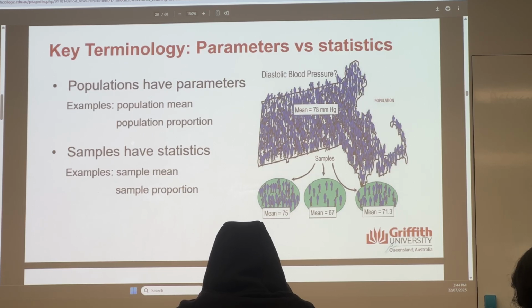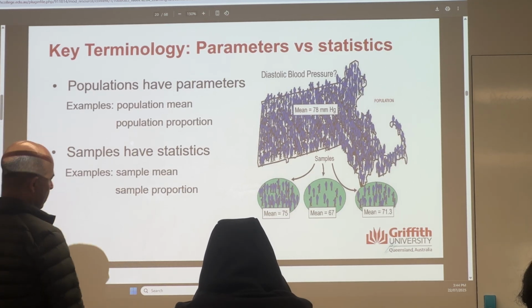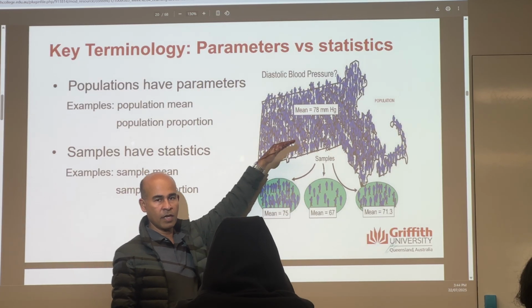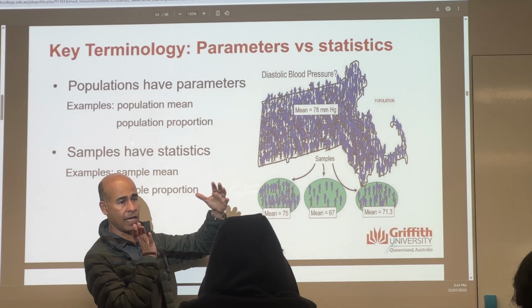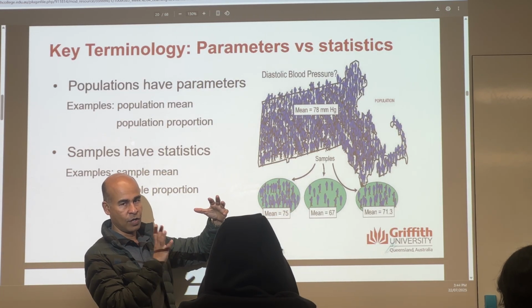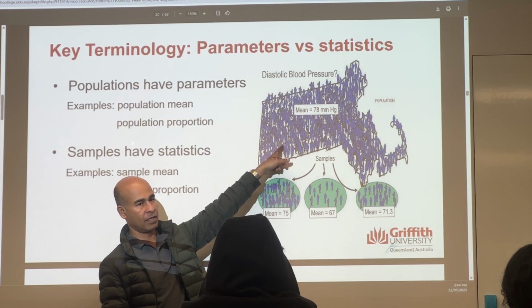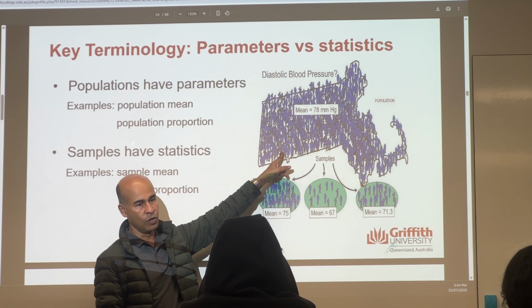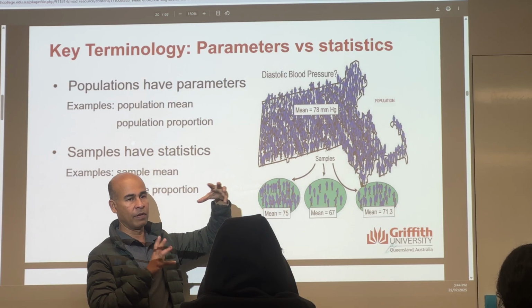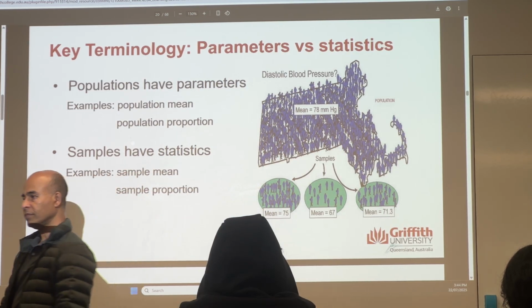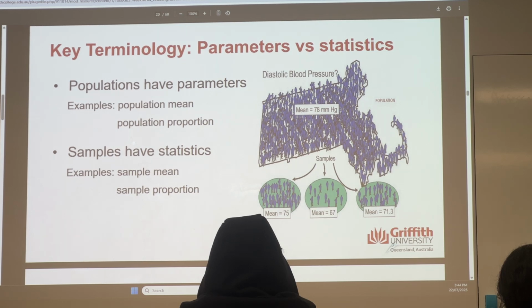Yeah, so there is an error. Error means the difference between the population mean and the sample mean. Whatever you do, you cannot actually get the exact population value. So there will be a sampling error, and you cannot avoid that.